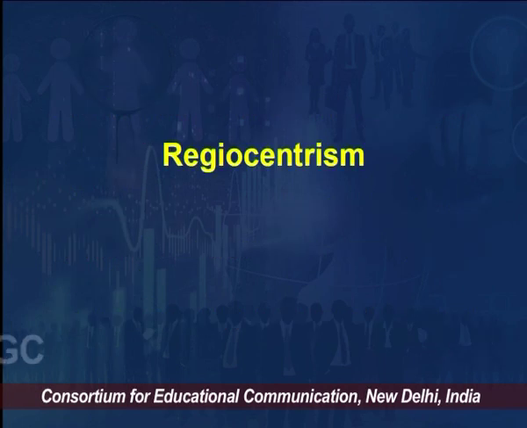Now, the third is regiocentrism. Here, the strategy is they view different regions as different markets. So, it is a little different from polycentrism. In polycentrism, each country is considered a separate market and a marketing strategy specifically for the needs of that market is created.